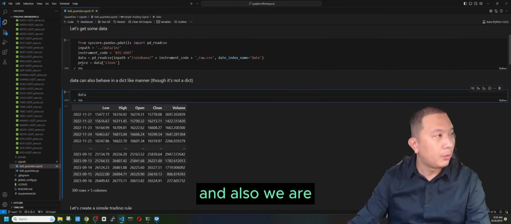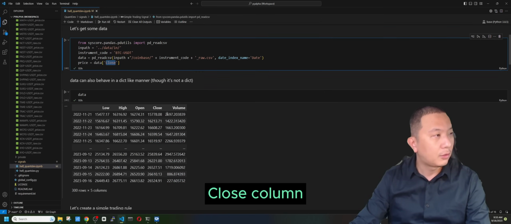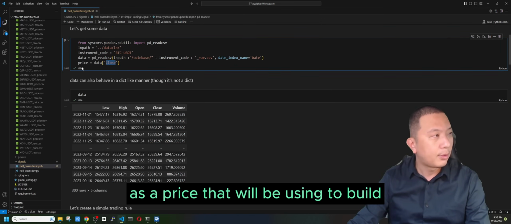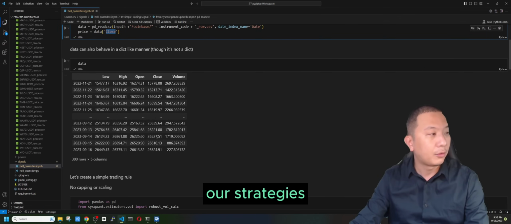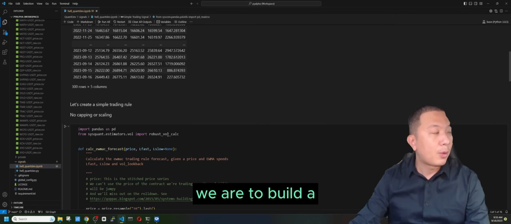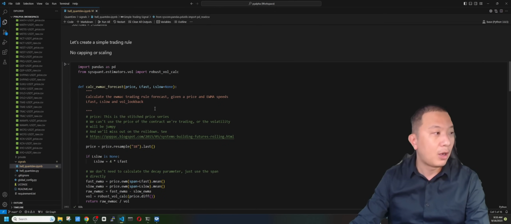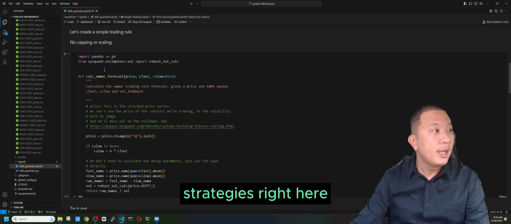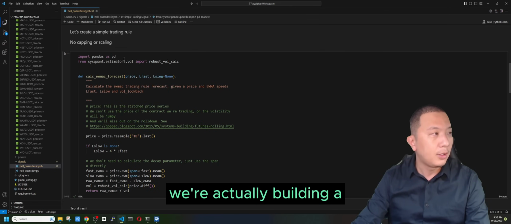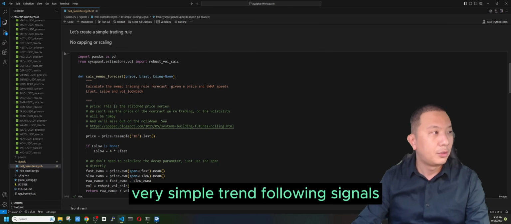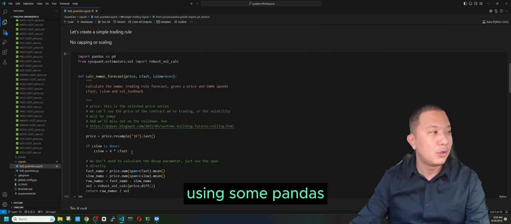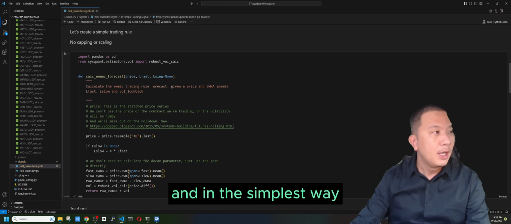And we are using the close column as the price that we'll use to build our strategies, right? Next, we will build a quant investment strategy, your very first quant investment strategy. Here we're building a very simple trend following signal using some pandas moving averages.